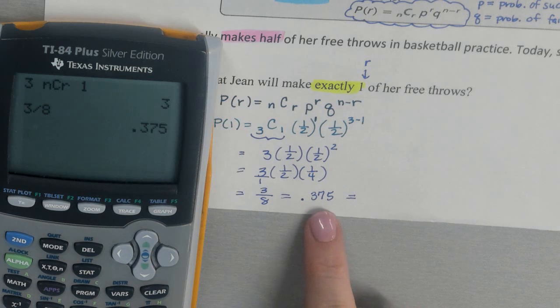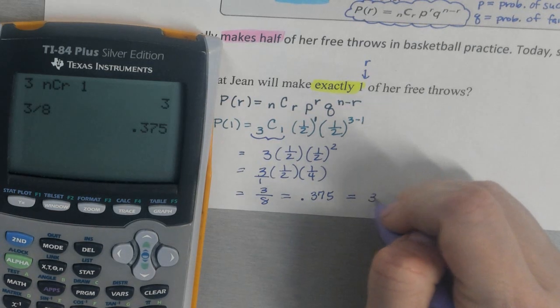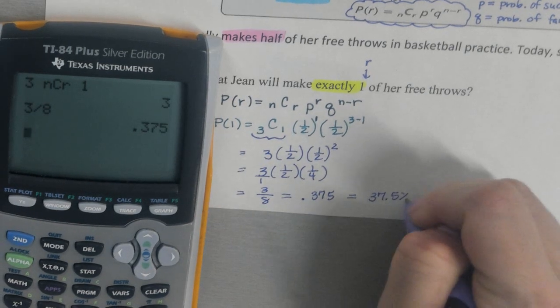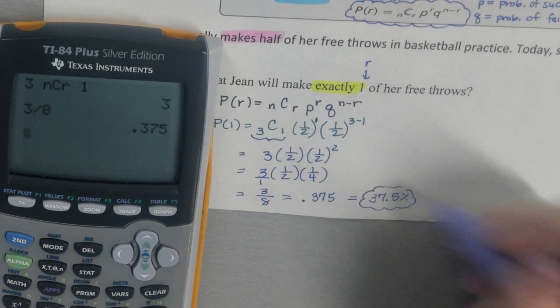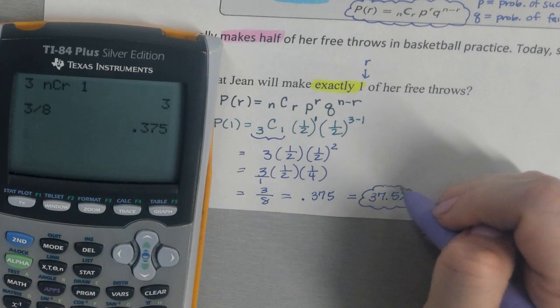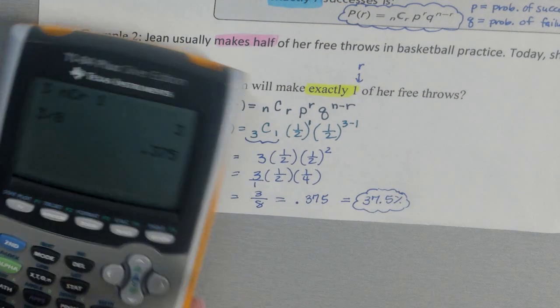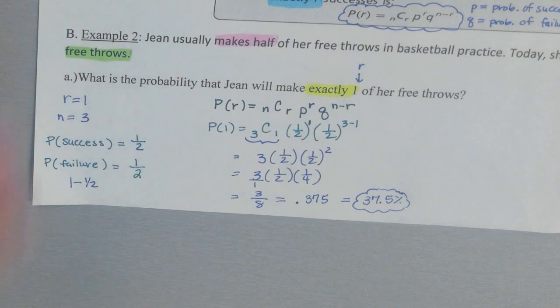When it's a decimal, though, you're going to have to round to the nearest 1,000. Okay? Because what would this be as a percent? 37.5. So yes, as a percent, 1 place after the decimal. As a decimal, do your 3 places. All right.